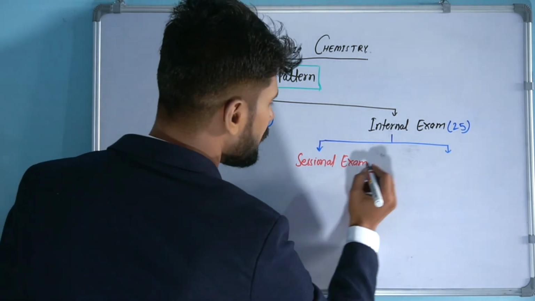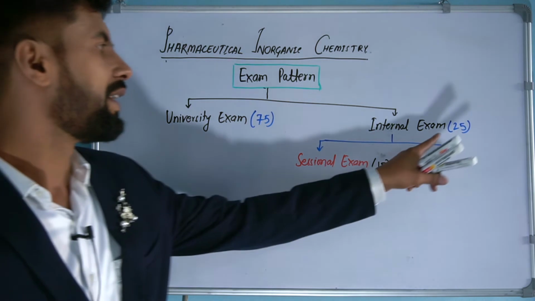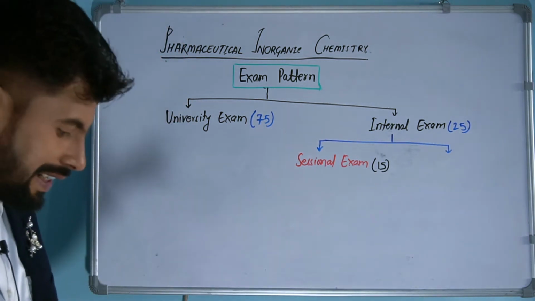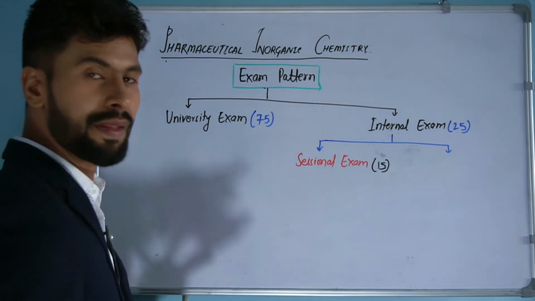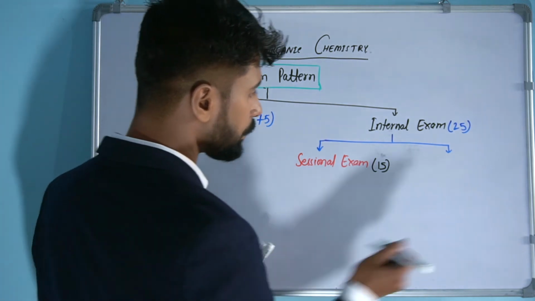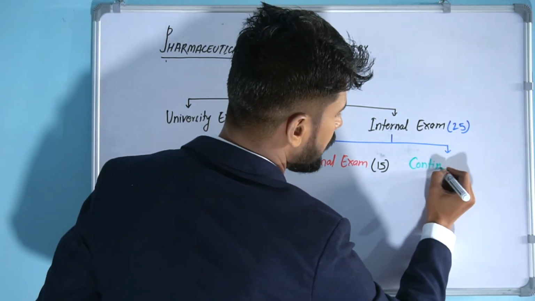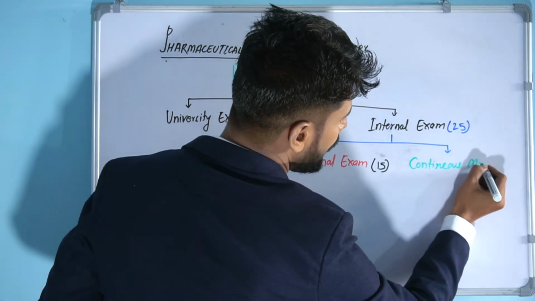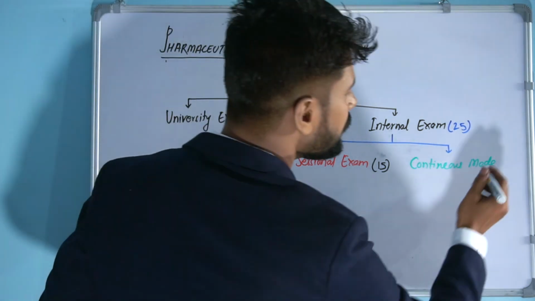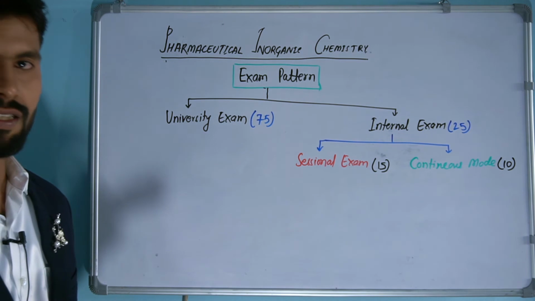That will be mainly for 15 marks. So how many marks remaining? 25 minus 15, remaining is 10 marks. Where will you get that 10 marks? You will get them from continuous mode. This continuous mode will carry 10 marks. I will tell you what this continuous mode is also.